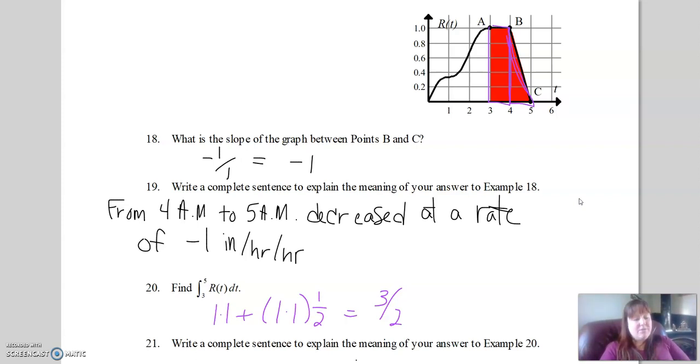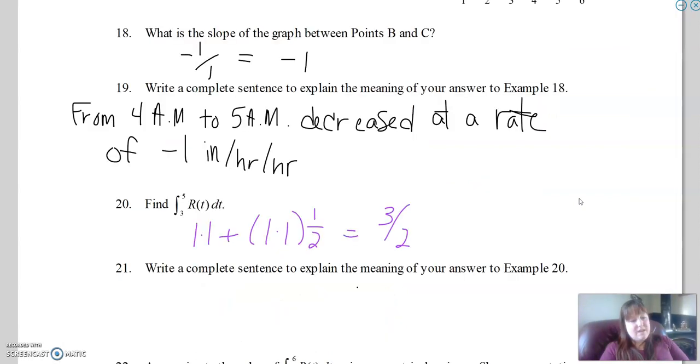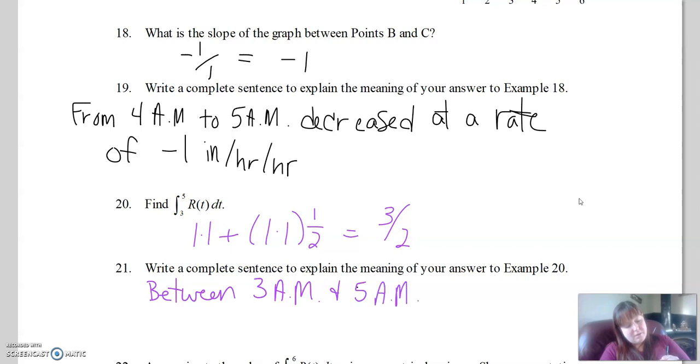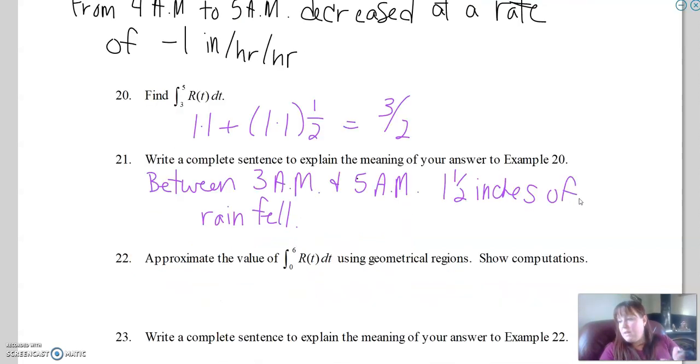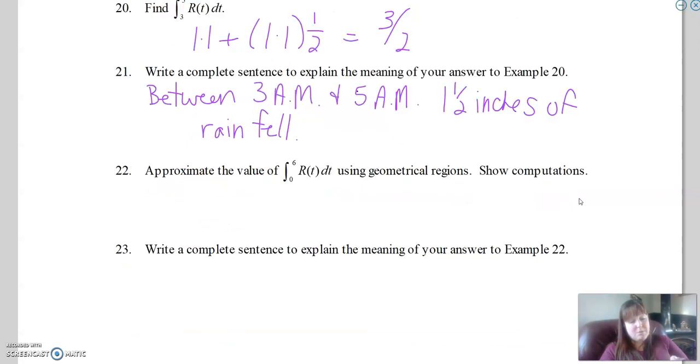This tells us that between 3 a.m. and 5 a.m., 1 1/2 inches of rain fell. Okay, and then approximate the value of 0 through 6 using geometric regions and show our computations.